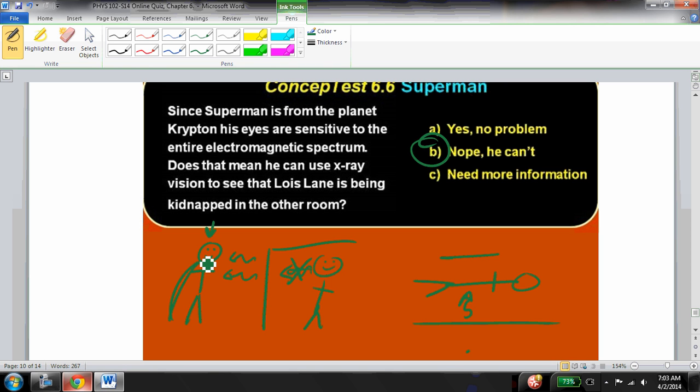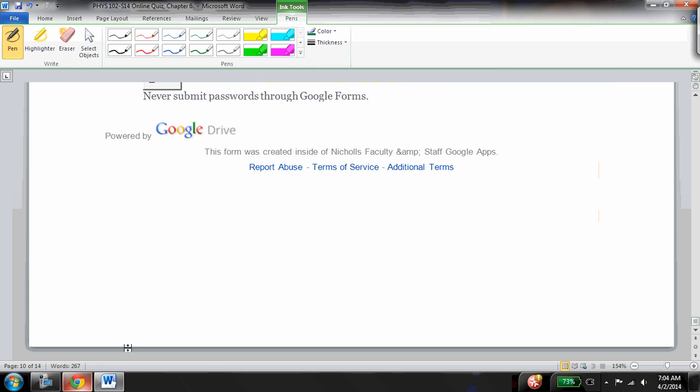Actually, what we think Superman does, I mean, Superman's not real, obviously, is use some sort of sonar or maybe even a ground-penetrating radar type system, where he emits low-energy waves, and then they bounce off and come back to him, kind of like a dolphin does. And that's the end.